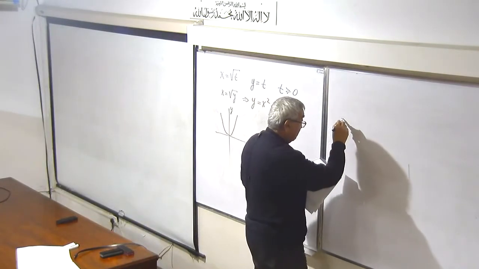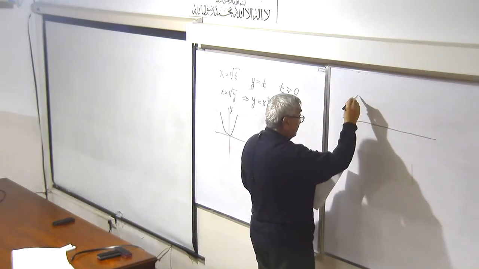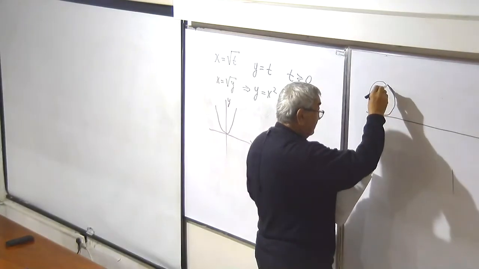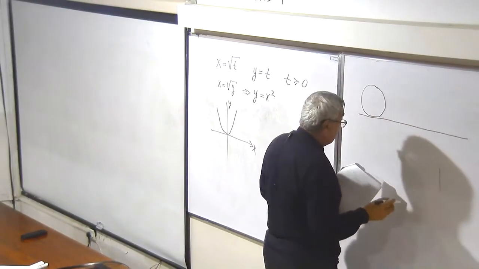This is a horizontal plane. Here is some cylinder, which is rolling with a constant velocity.